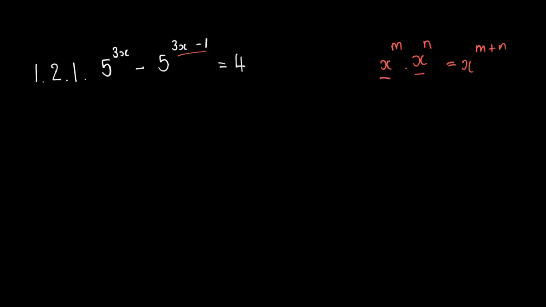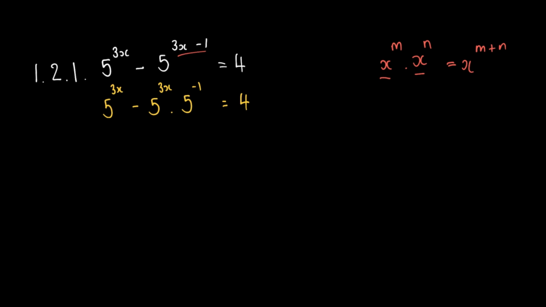Now, what we're going to do is the opposite of what they've done here. So we're going to write 5 to the power 3x multiplied by 5 to the power negative 1. So we're going to have 5 to the power 3x minus 5 to the power 3x multiplied by 5 to the power negative 1 is equal to 4.